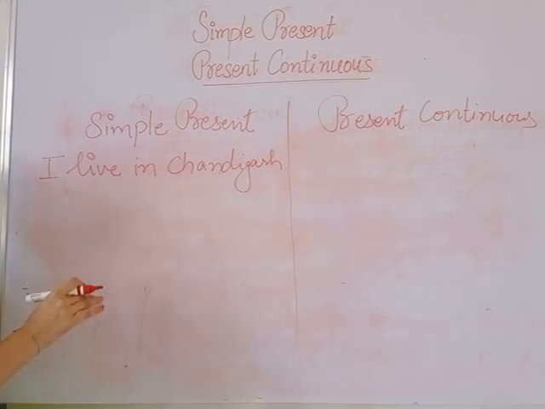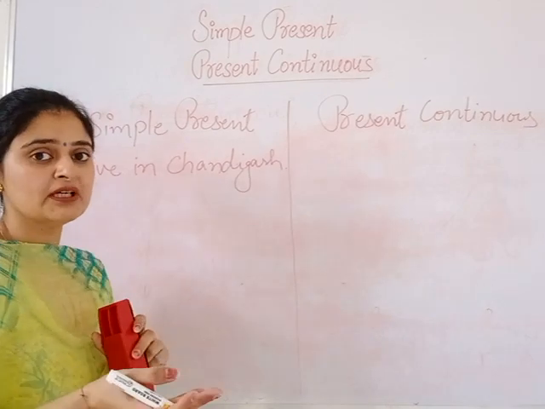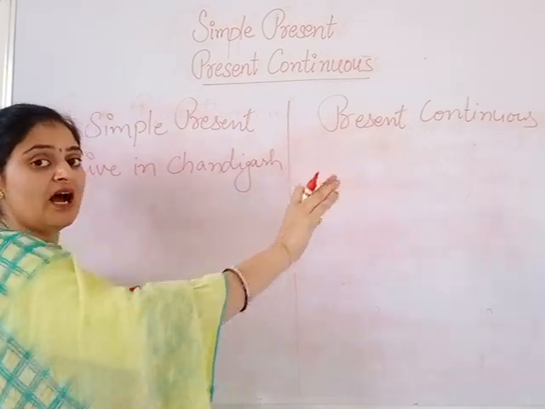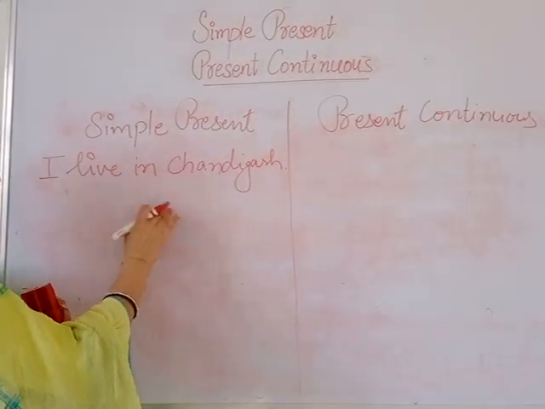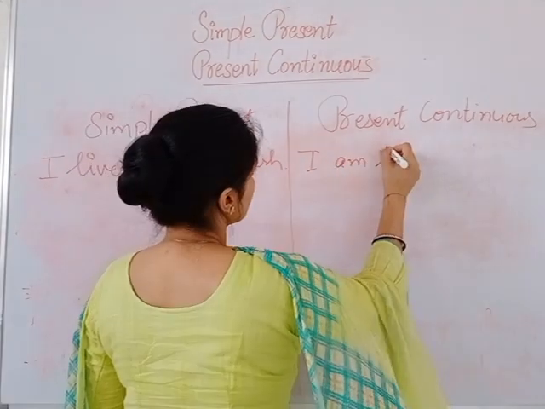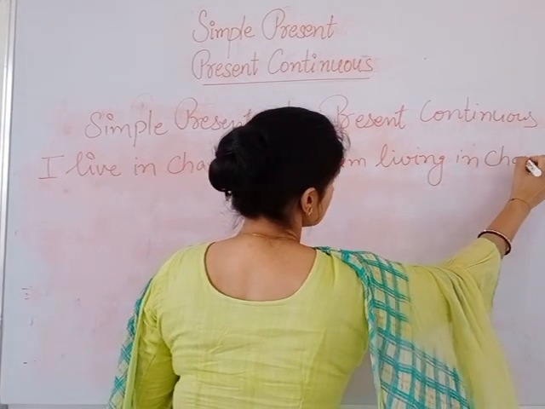Okay. For example, if we ask someone where do you live, then some of the students answer in present continuous tense that I am living in Chandigarh. So I am here talking about the difference between these two statements: I live in Chandigarh and I am living in Chandigarh. So what is the difference between the two?